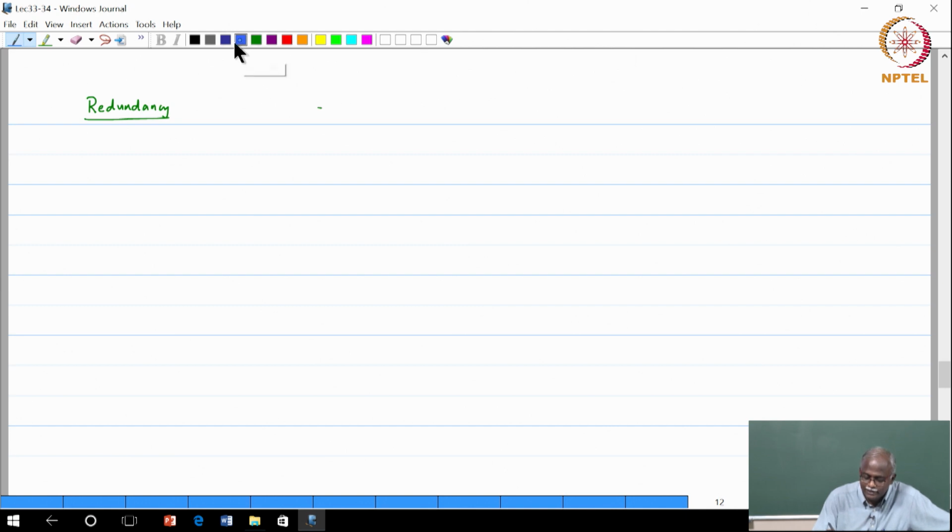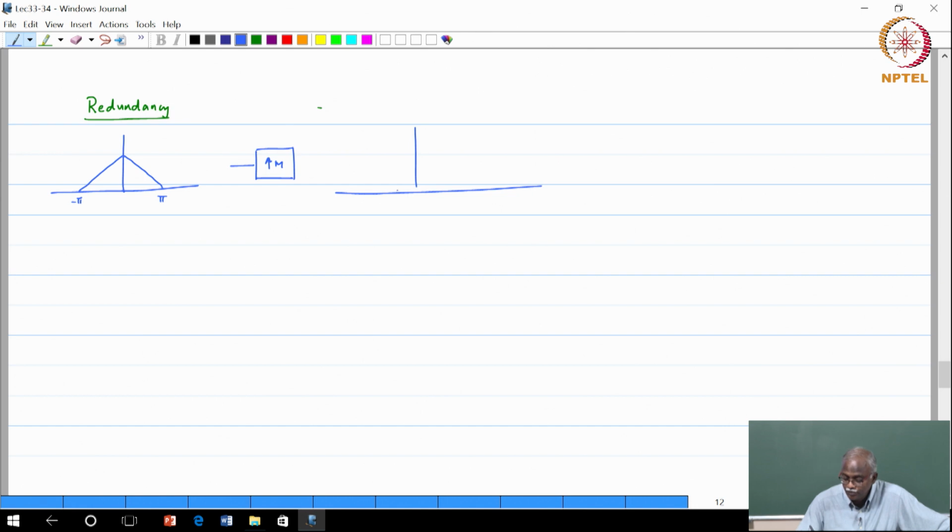Now redundancy in this notion, supposing I had a signal spectrum which went from minus pi to pi, okay, and if I upsampled by a factor of m, you will get a signal of the form which is contained between minus pi over m to pi over m, and there will be many copies of this signal.